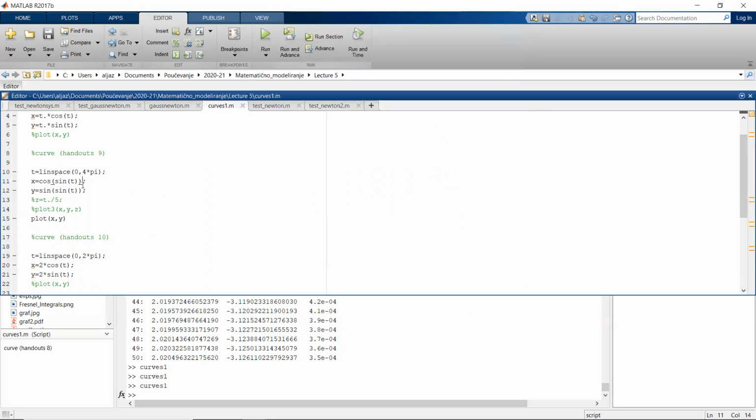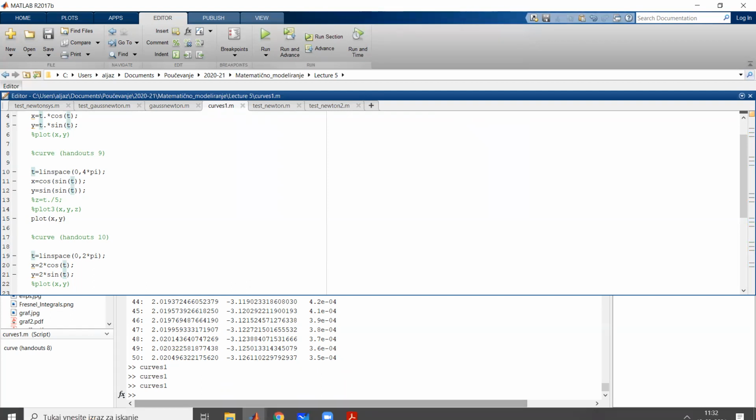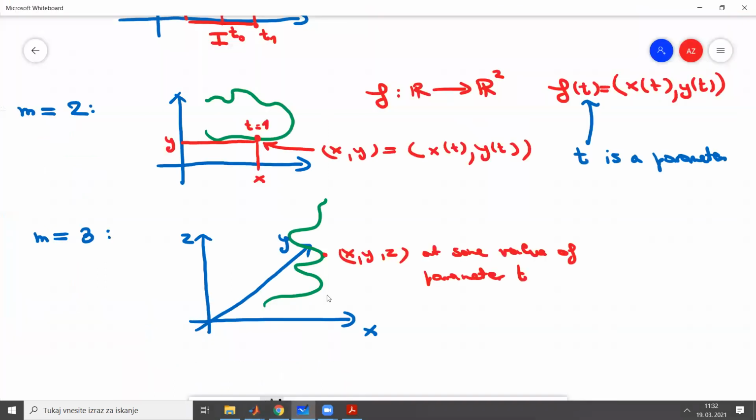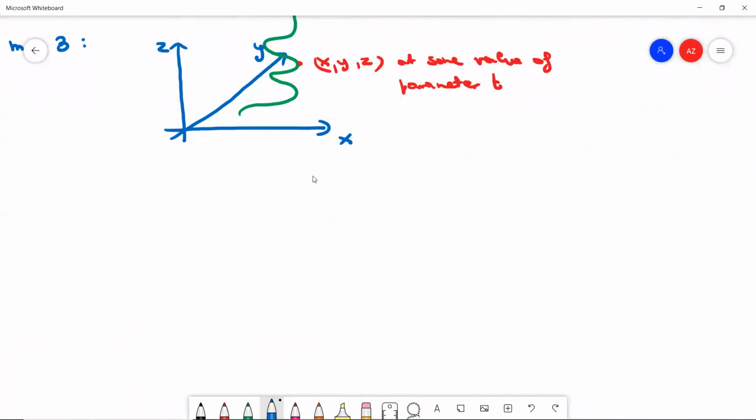So if we look here, t is on the interval between 0 and 4π. Okay, sine maps this interval from 0 to 4π into the interval -1, 1. So in fact, x, y then only go through the part of the circle where the argument is between -1 and 1. So I will write this here.